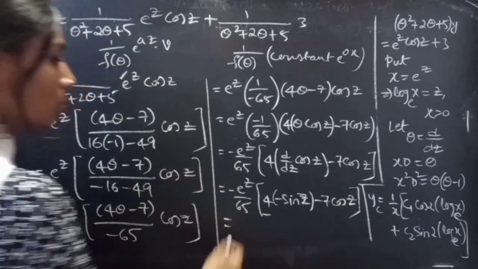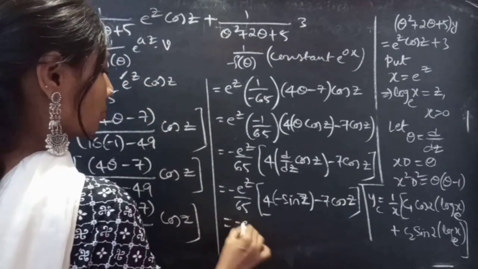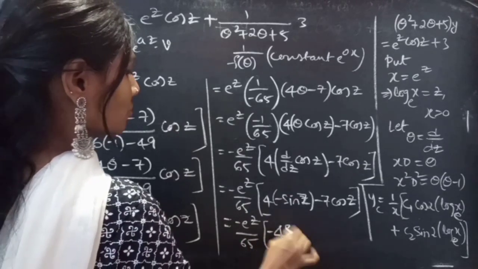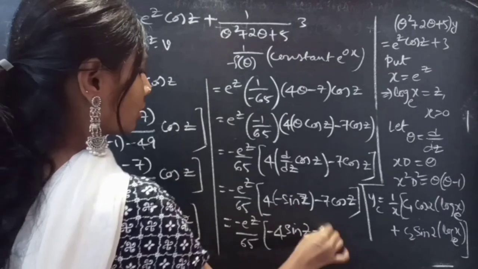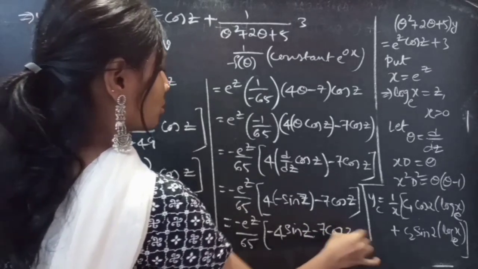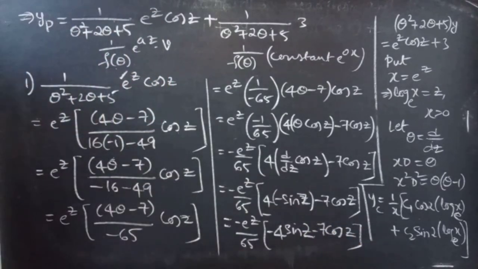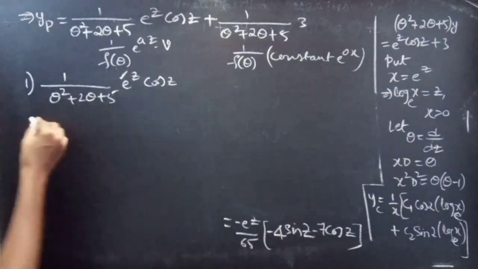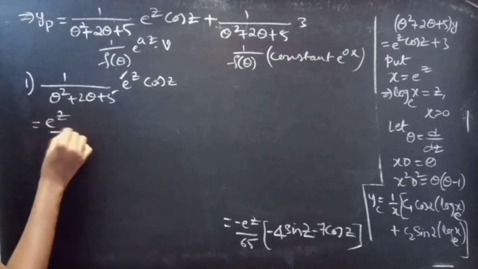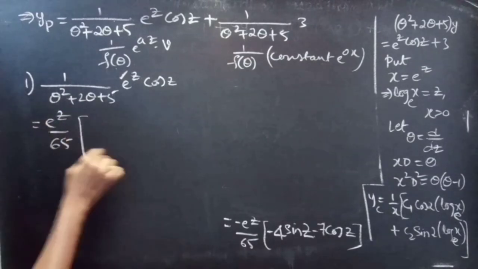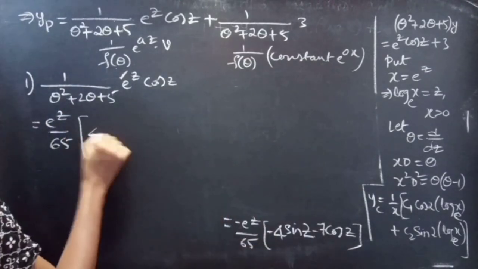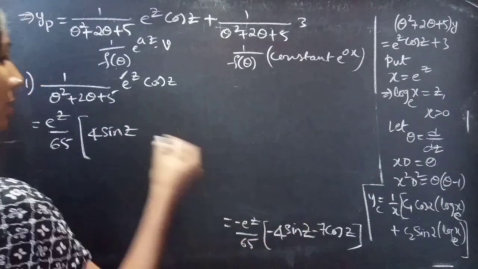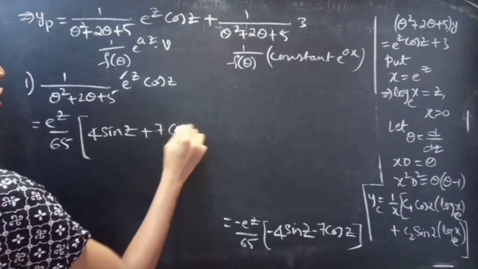This is equal to minus e^z by 65 into (−4 sin z − 7 cos z). Now take this minus inside the brackets. We'll get e^z by 65 into (4 sin z + 7 cos z).